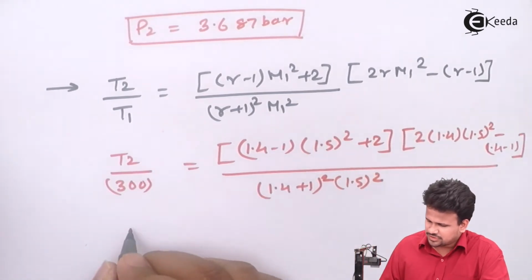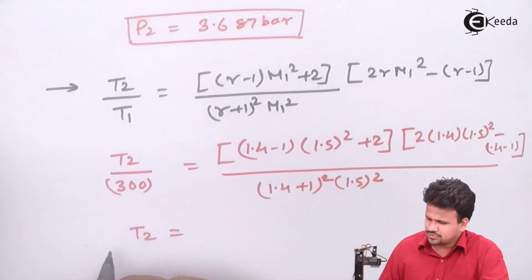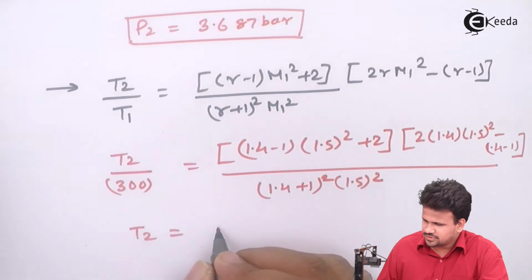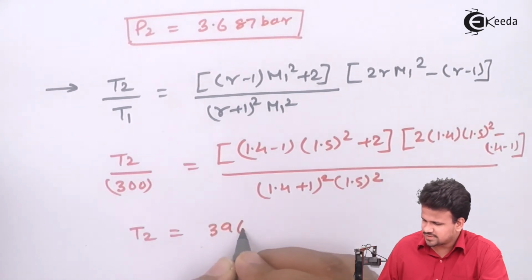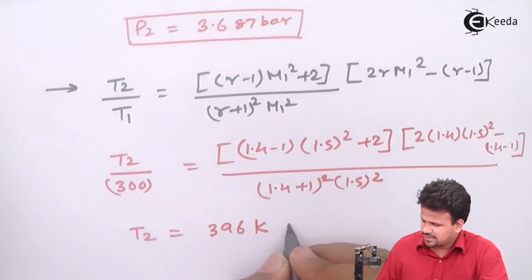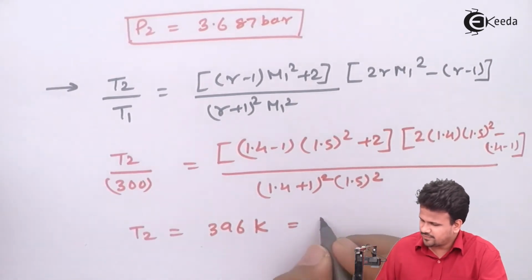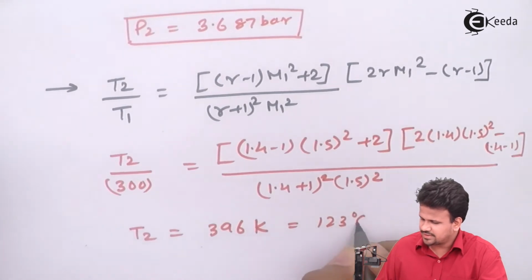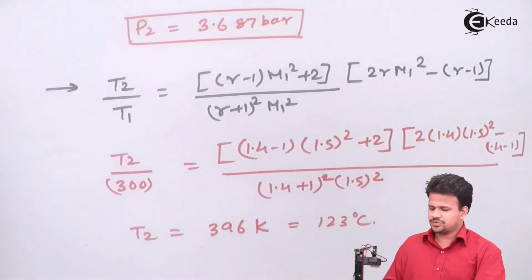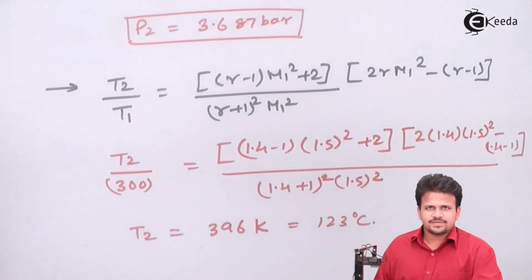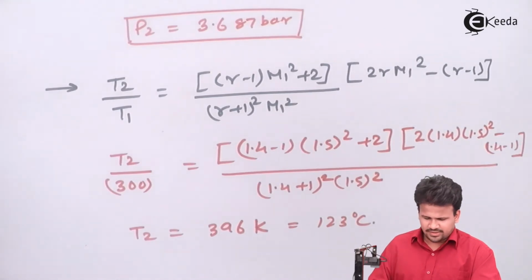On calculation, T2 comes out to be 396 Kelvin, or we can convert that into degrees Celsius. So this will be 123 degrees Celsius. So the temperature over here has increased. Now we have calculated the temperature.